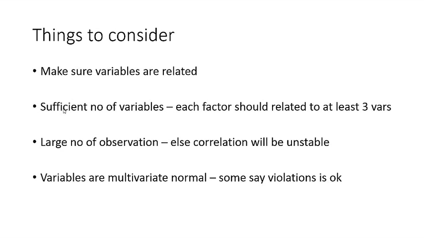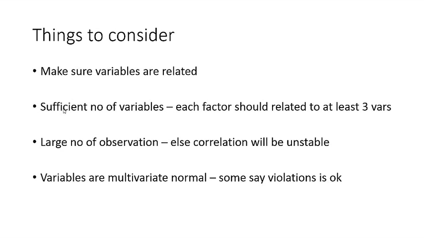You should have a sufficient number of variables. You cannot have a factor that is related to just one variable or two variables. One factor for one variable is unacceptable.